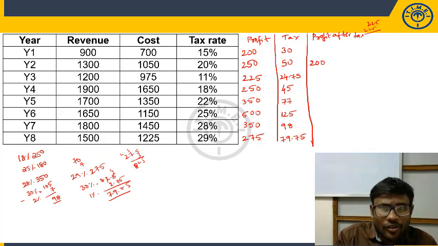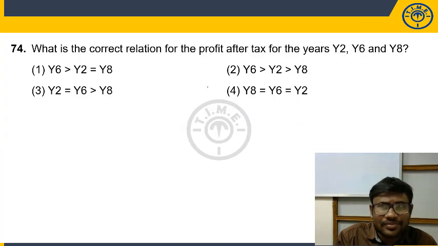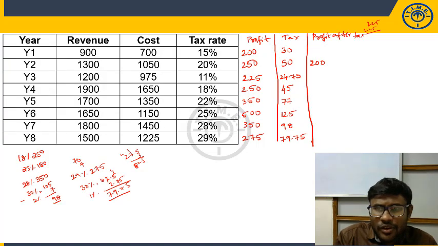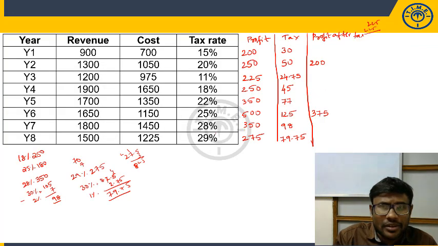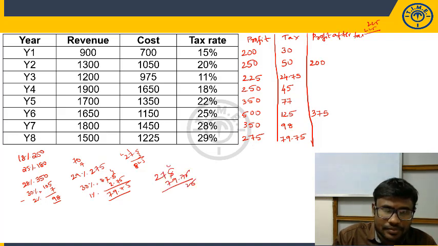And for Y6, 500 minus 125, that is 375. And Y8 is 275 minus 79.75, that is 195.25. Now let us compare.